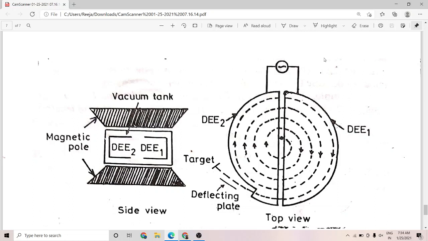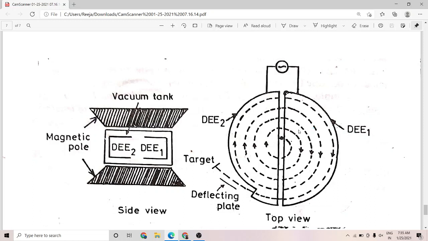That is the energy acquired by the ion on entering the first D. Now when the ion is inside the D, it will not be accelerated because it is a field-free region.